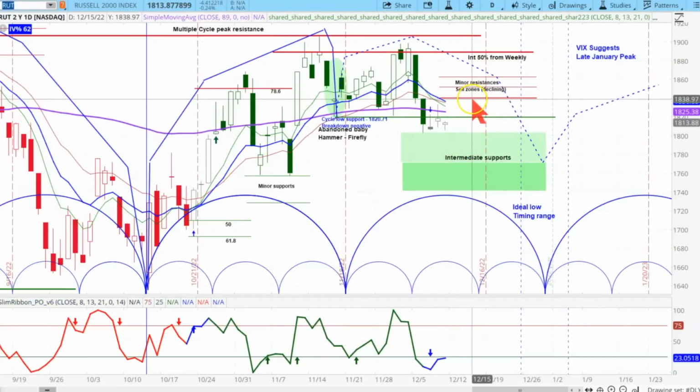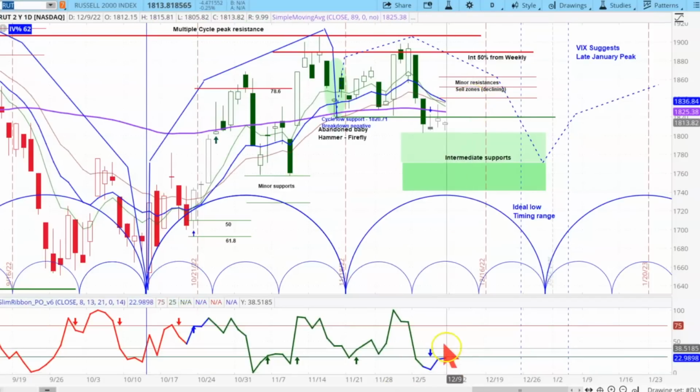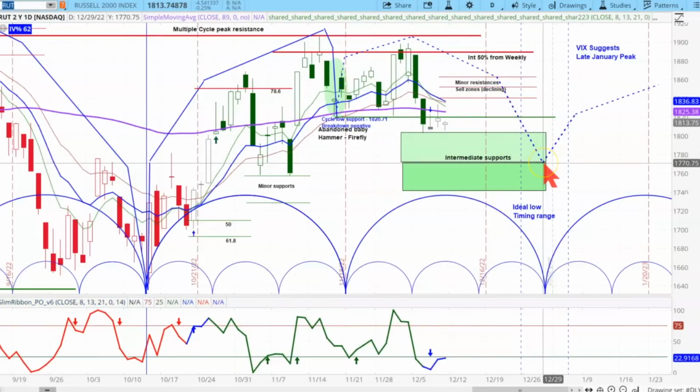It doesn't even look like it could get into the sell zones. This one is the most negative, acting as a turn neutral, as you can see here on the slim ribbon PO, and very soon could go negative in here. So we're looking for a best case decline of 1770 here in the Russell, with a pretty good potential move at 1740, pretty good potential to coming down right over there.